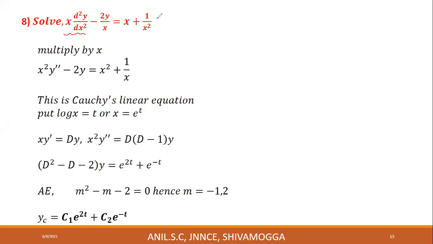Therefore, in order to make it a linear equation, multiply the equation throughout by x. x into x is x square into y double dash minus 2y is equal to x into x is x square, x into 1 by x square is 1 by x. x square into y double dash minus 2y is equal to x square plus 1 by x.